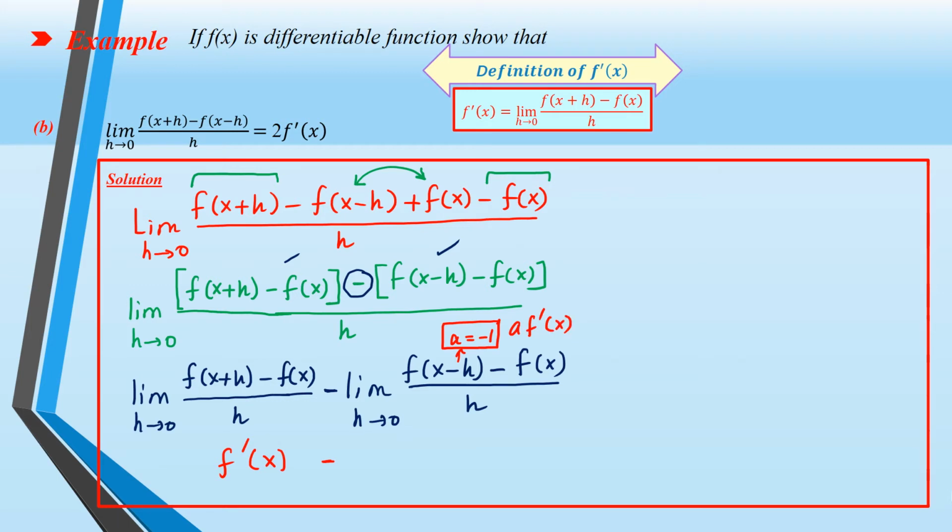This is the result in part A, and a equals negative 1, so it will be minus 1 multiplied by f prime of x. So we have f prime of x plus f prime of x, and this gives that the limit equals 2 multiplied by f prime of x.